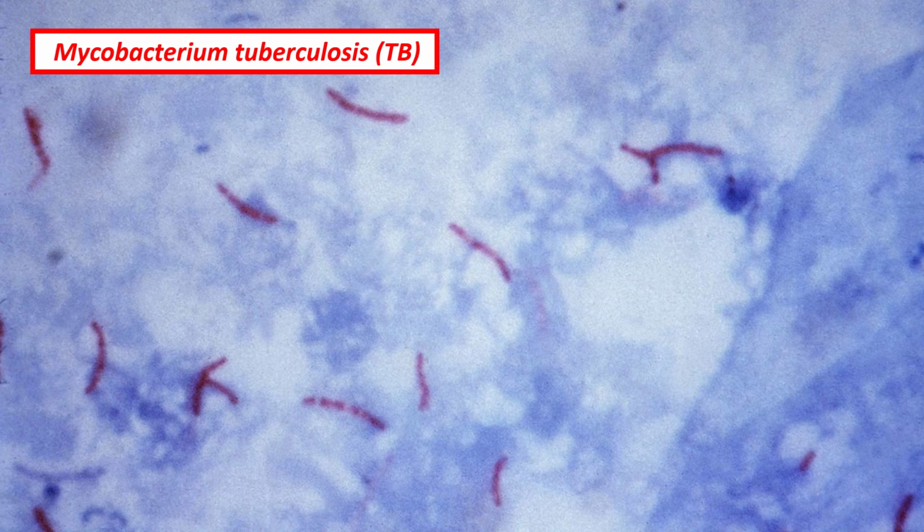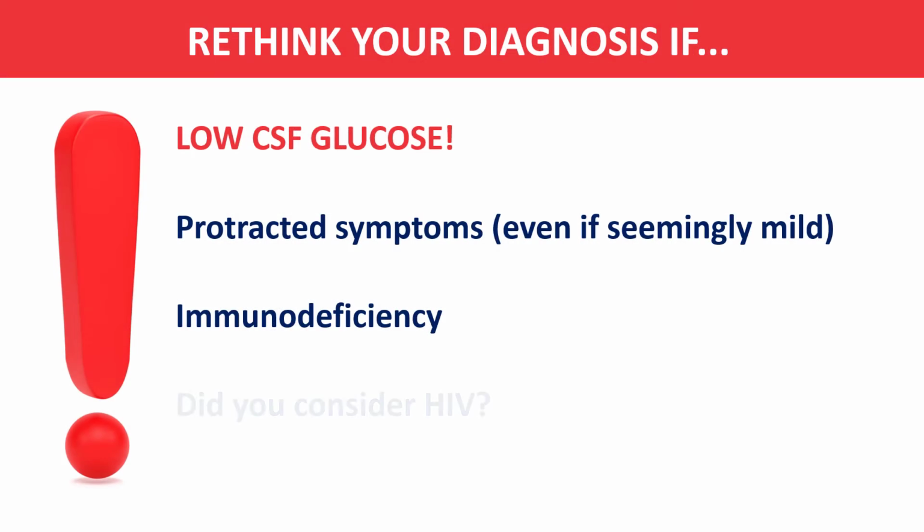And speaking of immunodeficiency, there is one cause of acquired immunodeficiency that you should never miss, and this is, of course, HIV infection. HIV itself, the virus, can cause viral encephalitis or meningitis, but more importantly, it opens a gateway to all sorts of infections that you wouldn't even consider in an immunocompetent patient.